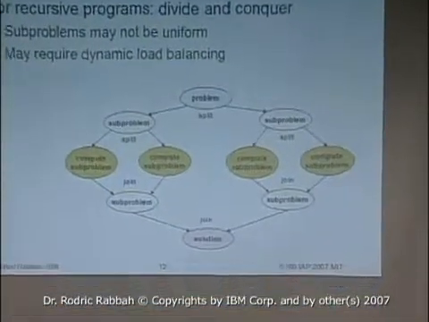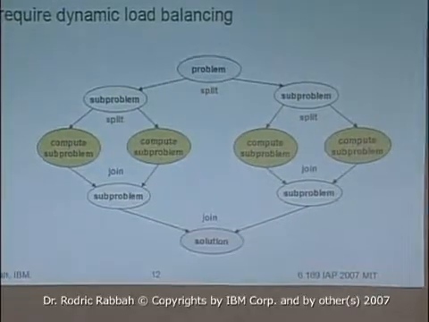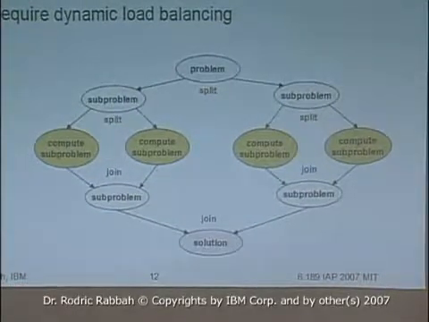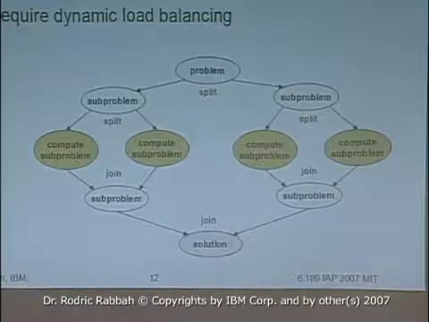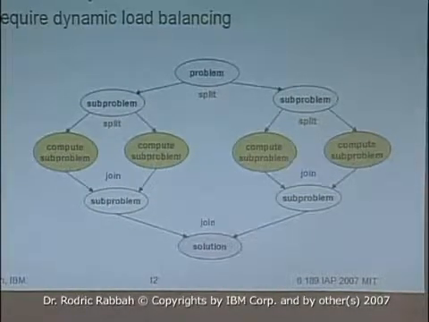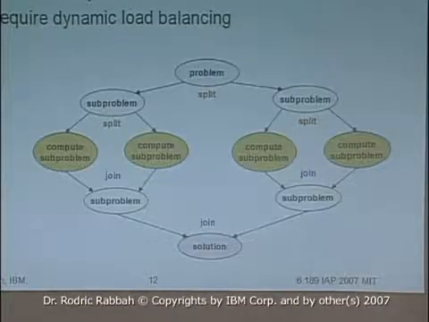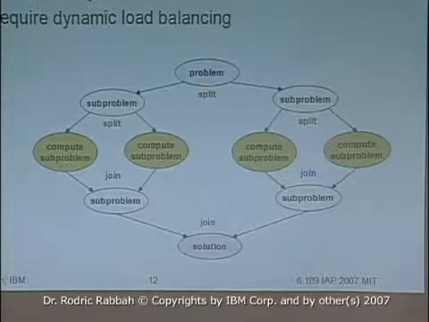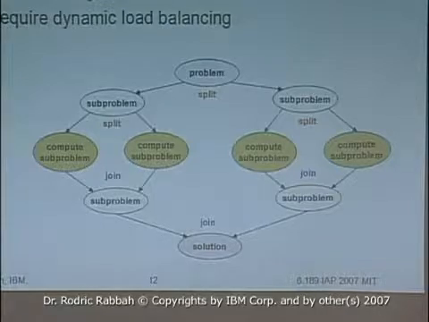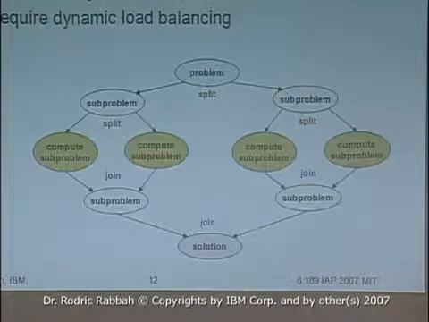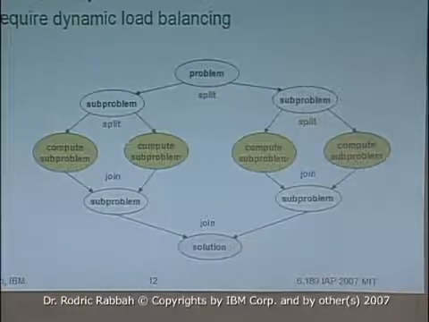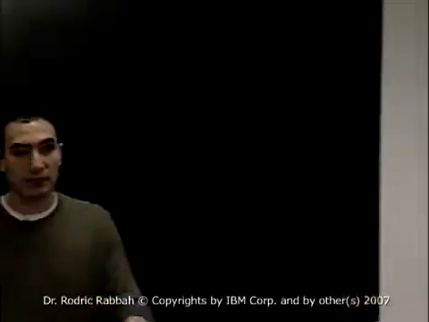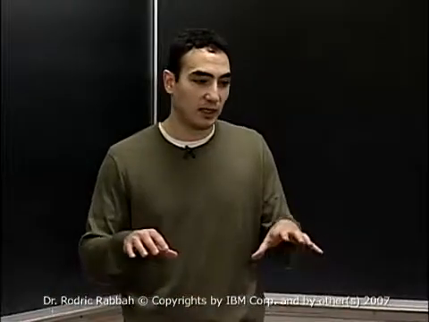In these kinds of programs, it's not always the case that each subproblem will have the same amount of work to do. You might need more dynamic load balancing, because how you distribute the data might lead you to do more work in one subproblem than in another. As opposed to some of the other mechanisms where static load balancing works really well, and to remind you, static load balancing says you have some work, you assign it to each of the processors, and you're relatively happy with how each processor's utilization is going to be over time.